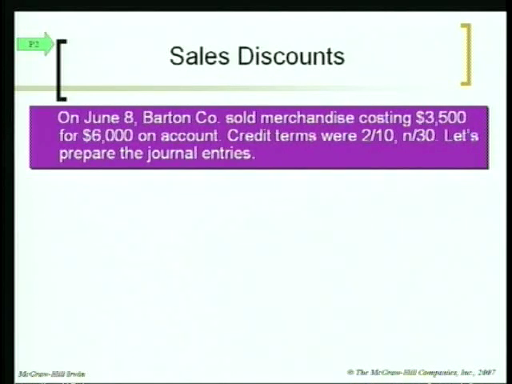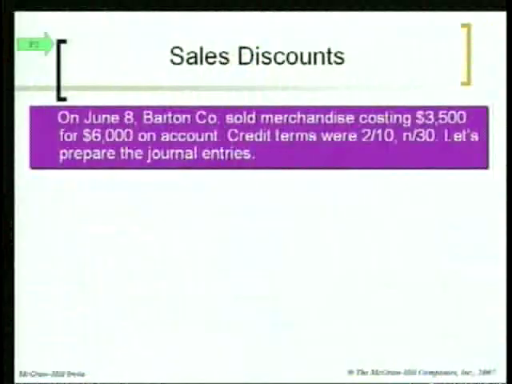Without looking at your notes, get a blank piece of paper out, turn your PowerPoint over or something, see if you can make the two journal entries for this situation in purple. Don't worry that it's titled sales discounts. Just make the two journal entries for the situation that's on the screen right now. I'll give you about 60 seconds. Let's see if you can do it.